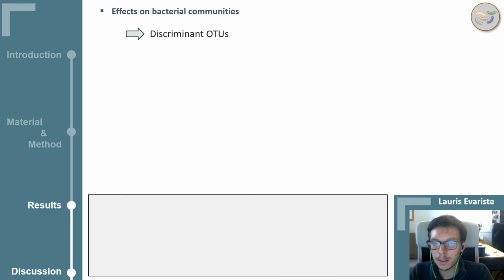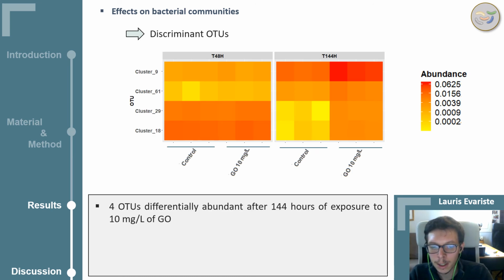We also determined the discriminant OTUs, whose relative abundance was significantly different from the one found in the control group. Through the use of DESeq2, we found 4 OTUs that were differentially abundant following 6 days of exposure to graphene oxide at 10 mg per liter. The interesting point is that the first 2 are increasing over time in the control group, while their increase is much more important following GO exposure.